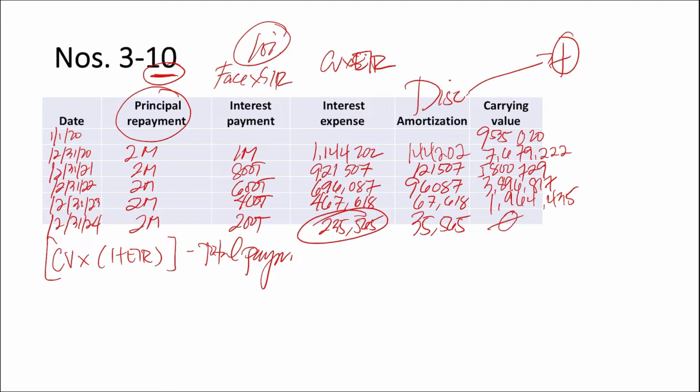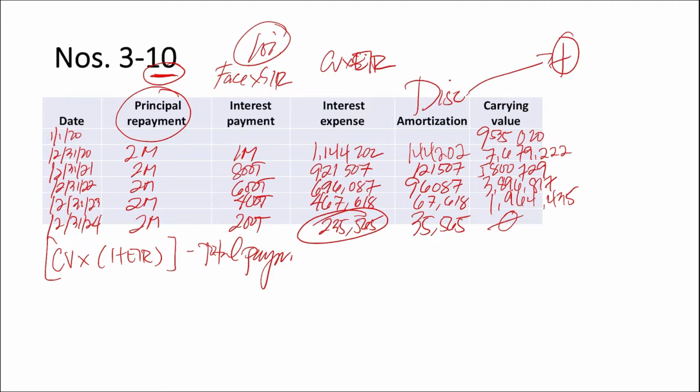Tingnan nyo test natin yan. 9,535,020 pesos times 1.12. Tama ba ako? Minus total payment of 3 million. O, di ba? Nakuha rin yung sagot agad. Shortcut, pwede siya. Okay? Yeah.